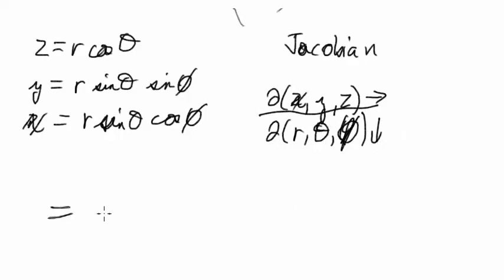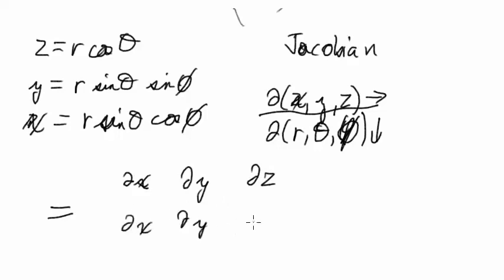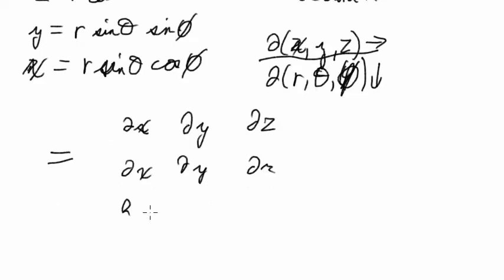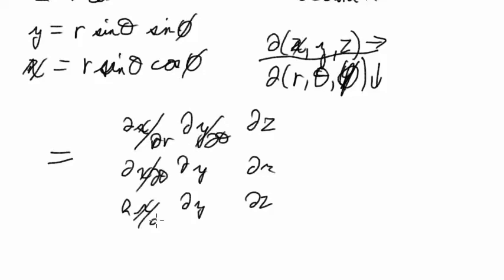The right arrow means I'm going to go across del x, del y, del z, and down I'm going to repeat that 3 times: del r, del theta, del phi. Okay, so this is what the Jacobian is.